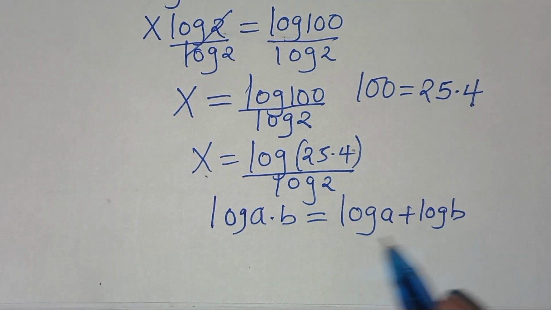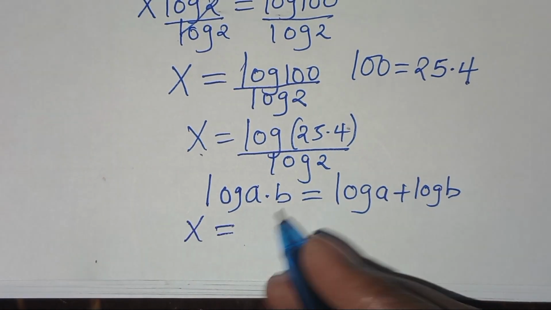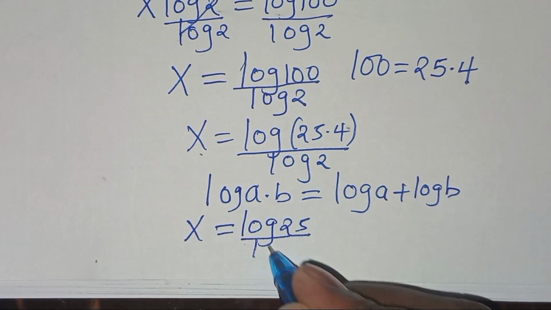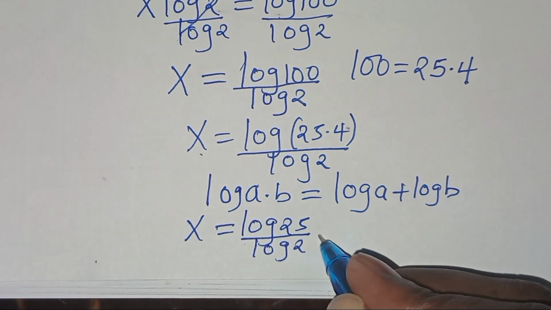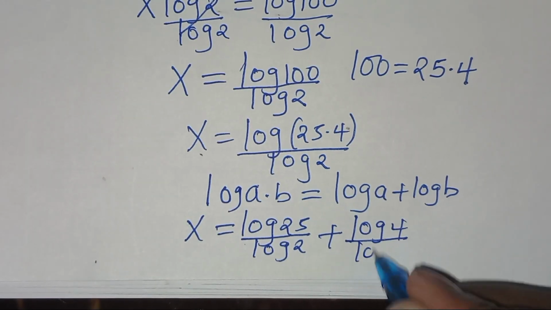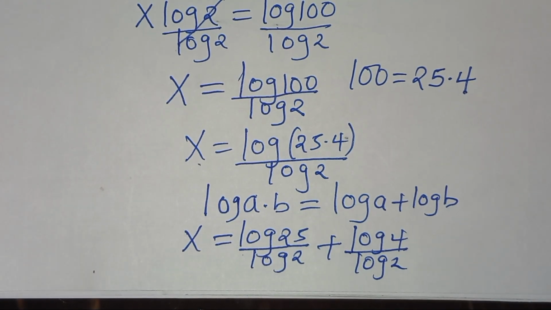Applying this logarithm property, x is equal to log 25 divided by log 2, plus log 4 divided by log 2. So let's proceed from here.